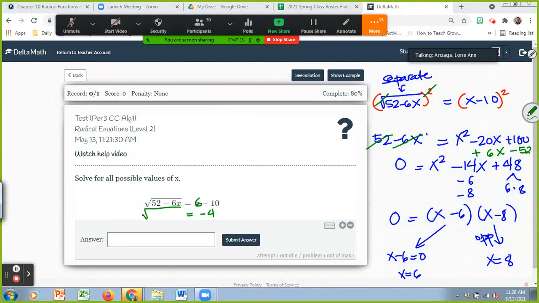The square root of, let's put 6 in, 52 minus, what is 6 times 6? That's 36, right? So 52 minus 36, what's 52 minus 36? This is 16? Okay. So what's the square root of 16? It's positive 4, right? And then the right-hand side is negative 4. That's false.